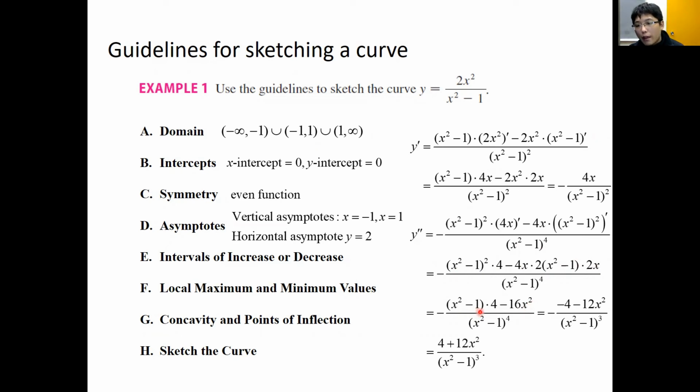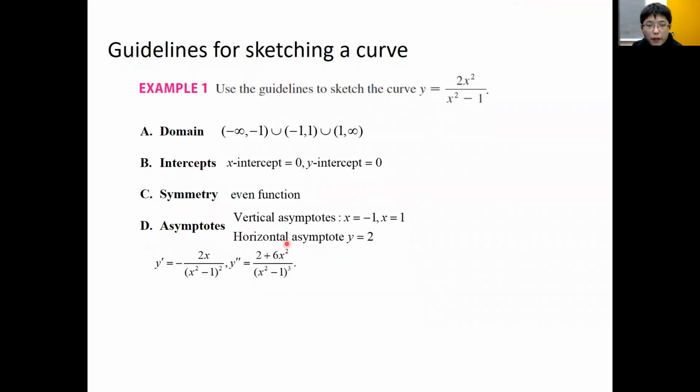Okay, multiply everything out. So I will get 4x squared minus 4 minus 16x squared. Well, 4x squared minus 16x squared will simplify to minus 12x squared, while this minus 1 times 4 will give me minus 4. Okay, so now we will just use the minus sign in the front to get rid of these negative signs. So what remains is 4 plus 12x squared divided by x squared minus 1 to the cube. Okay, so this is my second derivative.